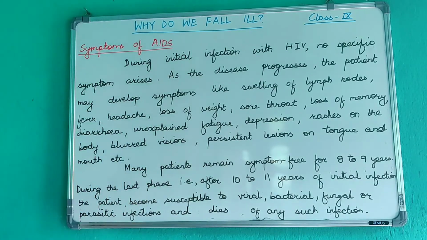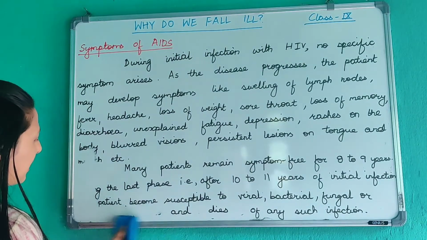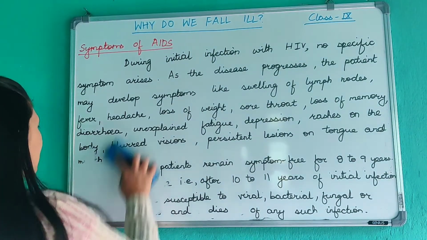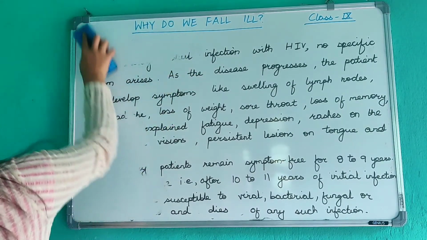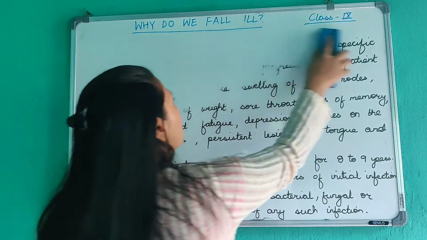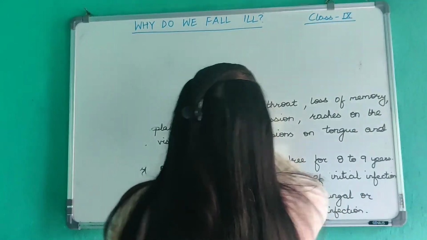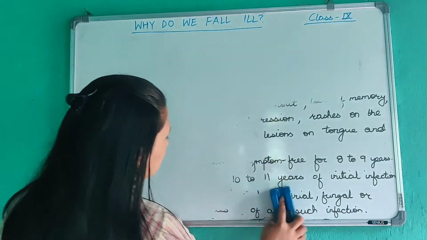Okay, now let us talk about the modes of transmission. As you are aware, AIDS is a very dangerous disease, and it can be transmitted from one person to another person. So we have to understand how AIDS gets transmitted.